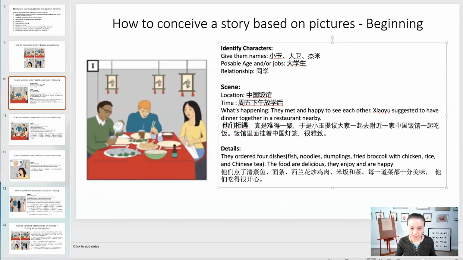So 他们点了清蒸鱼、面条、西兰花炒鸡肉、米饭和茶。每一道菜 all the food are delicious. 每一道菜都十分美味，他们吃得很开心。So you have this description and start the beginning for this story.